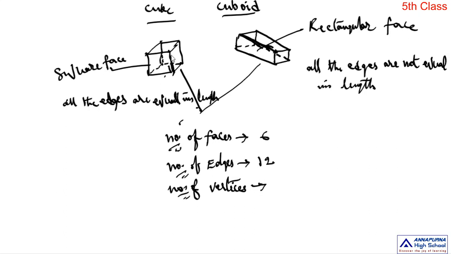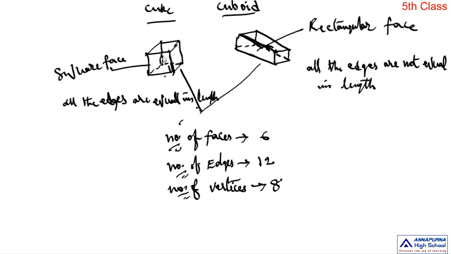Therefore, a vertex is a corner. We get this corner by meeting these two edges. Now, how many such vertices are there? 1, 2, 3, 4, 5, 6, 7, 8.